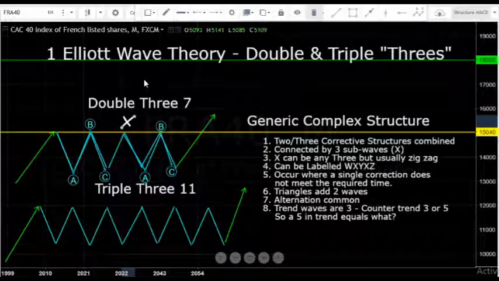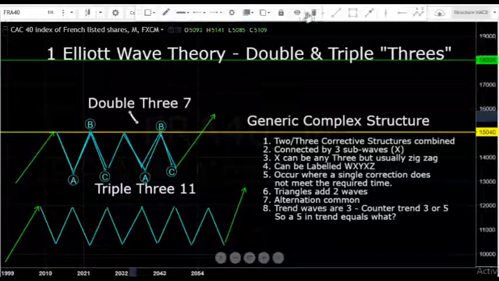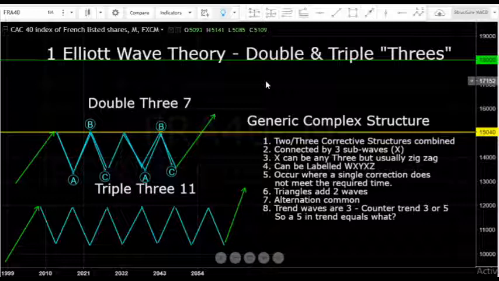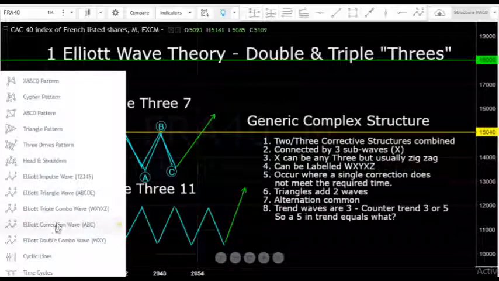Now, since then, as we know, a lot of other people have examined Elliott's theory, and they've added bits to it, and what Prechter and Frost came up with was this.